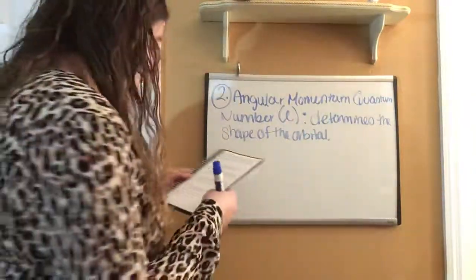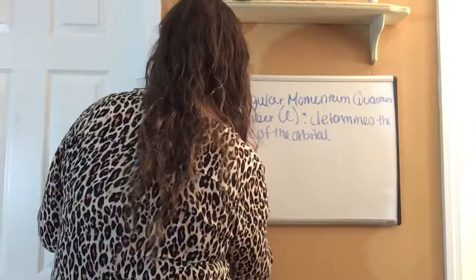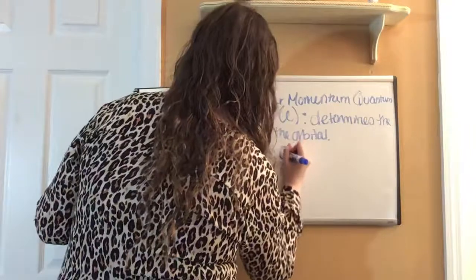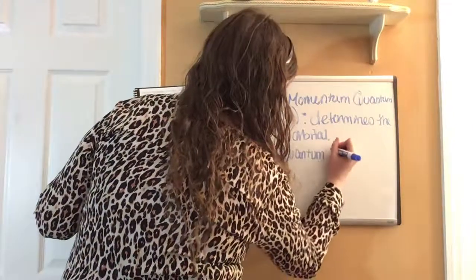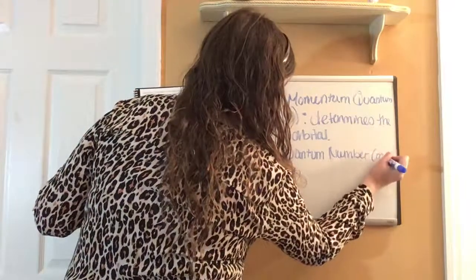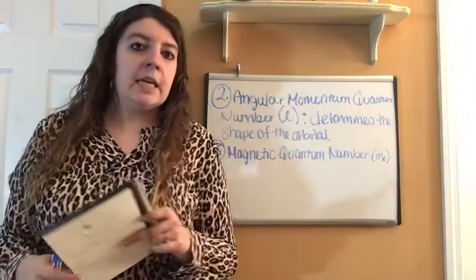The third one is going to be the magnetic quantum number, and this is given M sub L. So this determines the orientation around the nucleus.